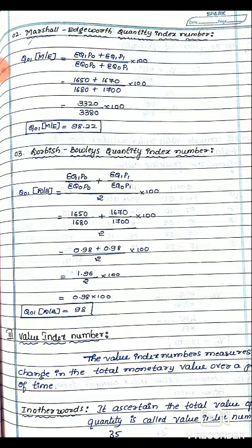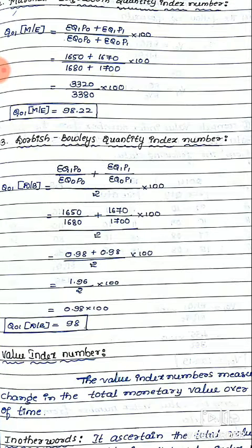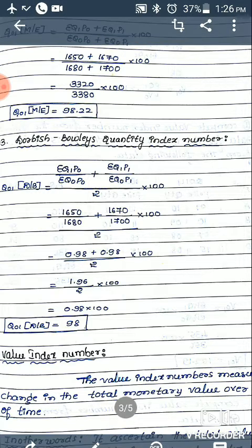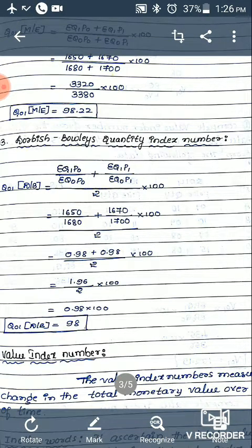So 1650 plus 1670, you get 3320. 1680 plus 1700, you get 3380. So into 100, you get 98.22. So Q01 ME is equal to 98.22.